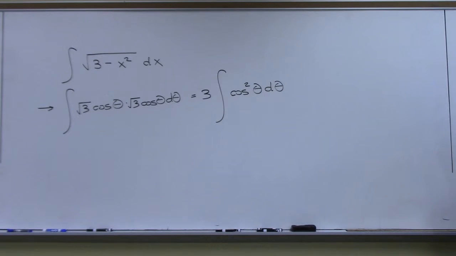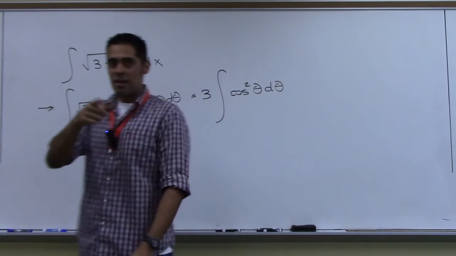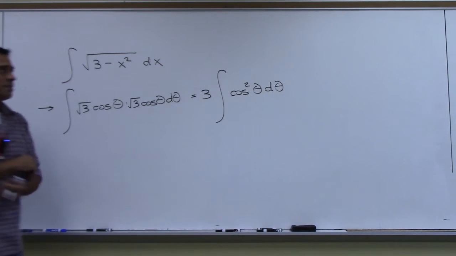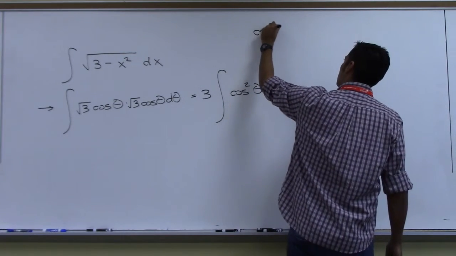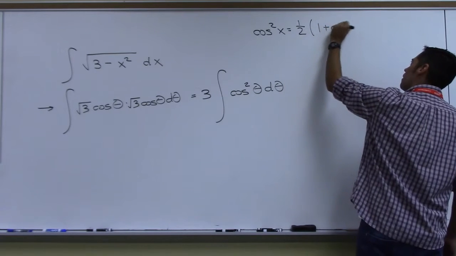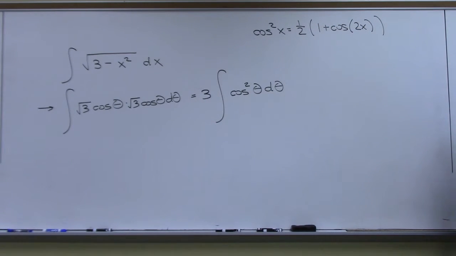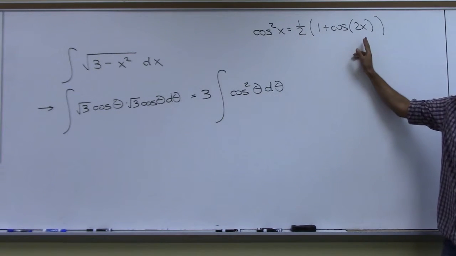How do you solve an integral that has cosine squared in it? Use the half angle identity, or what I call the power reducing formula. The way I wrote it was something like this. Remember that formula? But instead of x, we're using theta. Make sure you keep track of that.